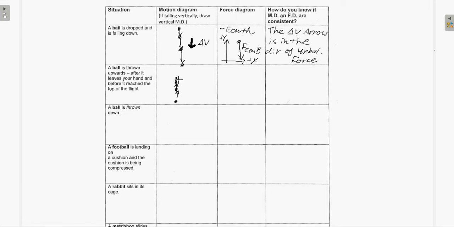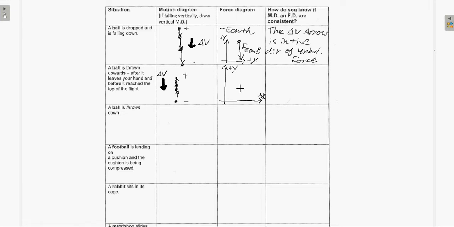This may look familiar to some of you from your quiz, but the delta V arrow, as per the one previously, is also still in this direction. I was using the thick arrow to show delta V. Alright, and so there you go. And again, since nothing else is interacting with it except the earth, I should probably have a negative and positive here, plus y, plus x.